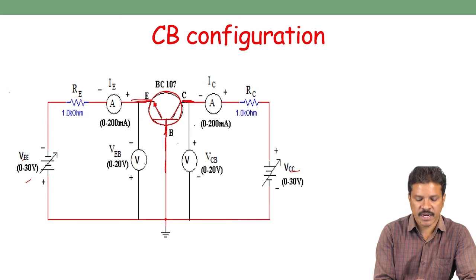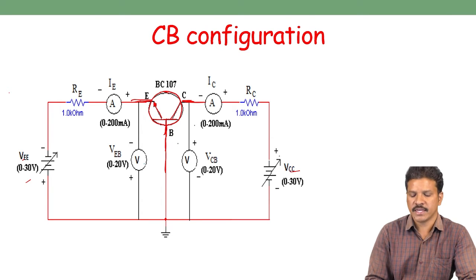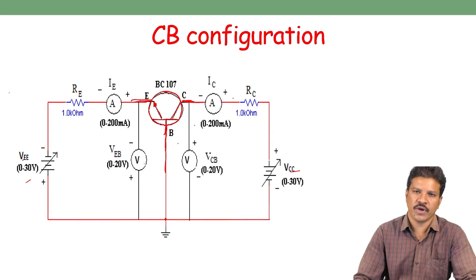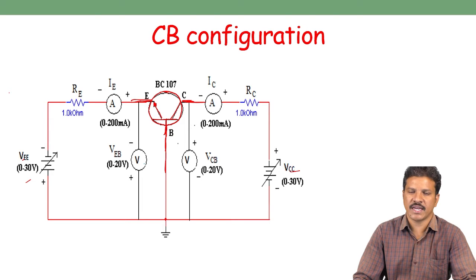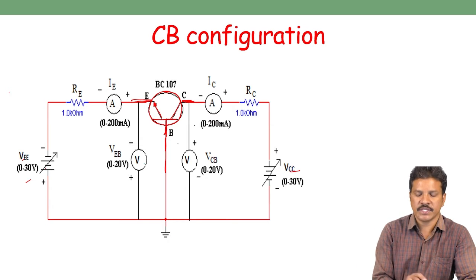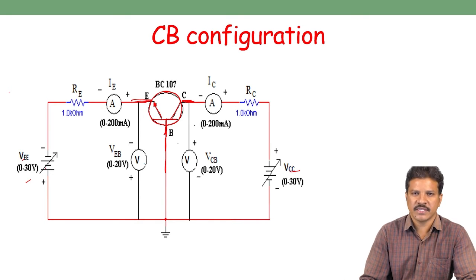By providing batteries and resistors with proper polarities, proper voltages, and biasing resistors at the input and output sides, we get a biasing circuit so the transistor can operate in an application like an amplifier. Then, to see the behavior of the characteristics, we must measure input current, input voltage, output current, output voltage.